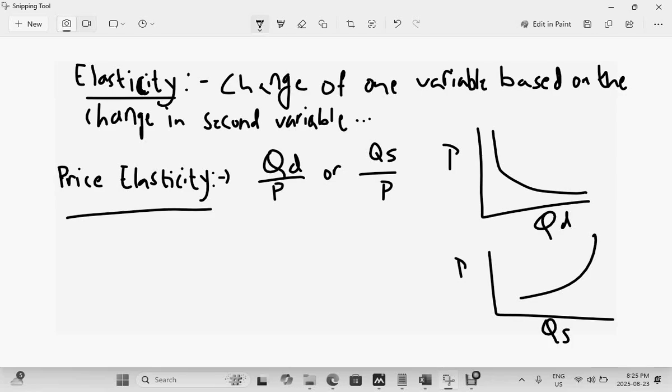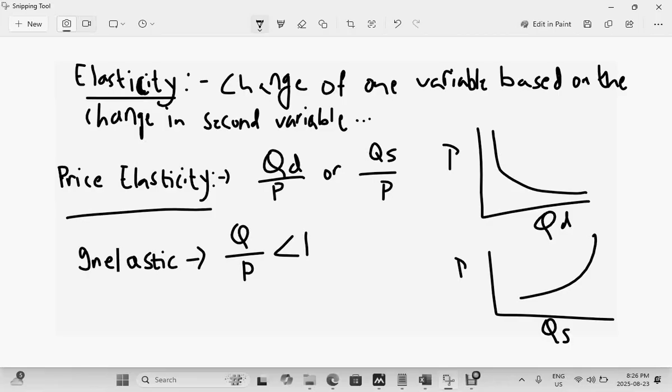As I mentioned earlier, some products are inelastic. What that means is the quantity to price ratio is less than one.